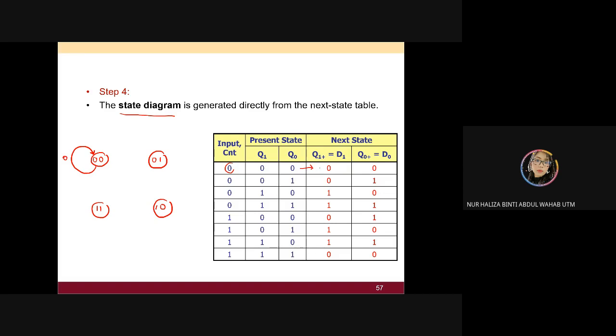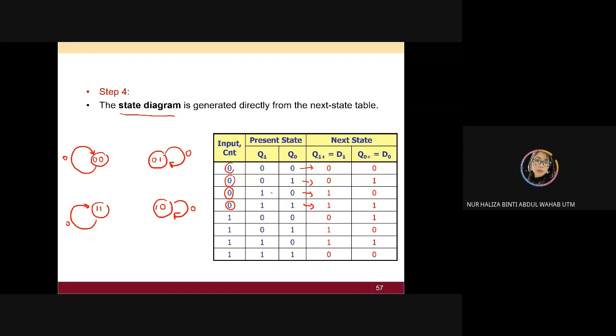Next, if the present state is 01, I will go to 01 also, with an input condition of 0. Next, 10 goes to 10 also, with input 0. And lastly, 11 goes to 11 also, with input 0.